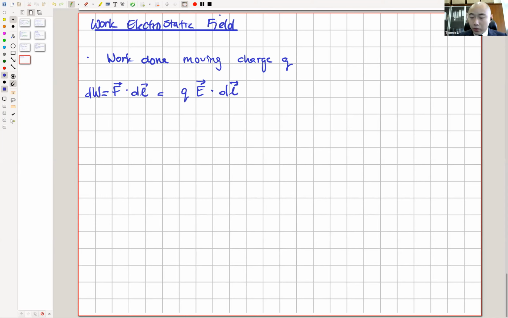Now, we just arrived at the result that the E field can be written as the negative gradient. And so I can further write this as minus Q gradient of some phi dotted with dl.